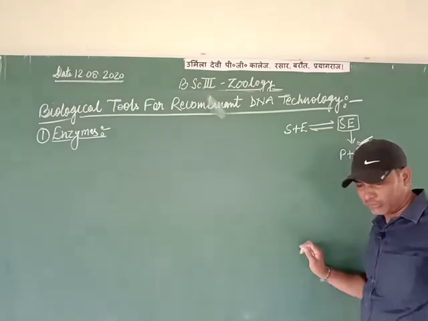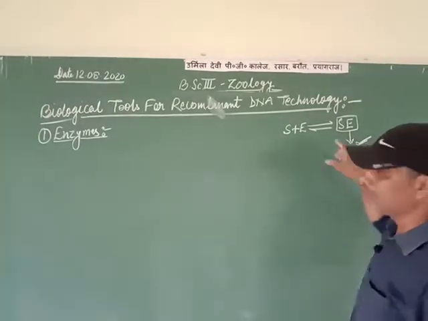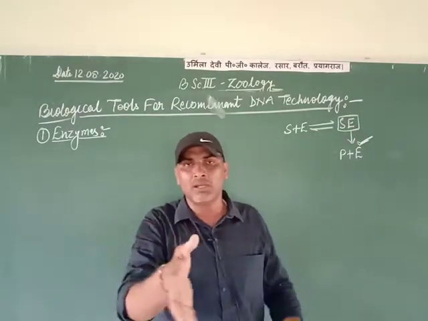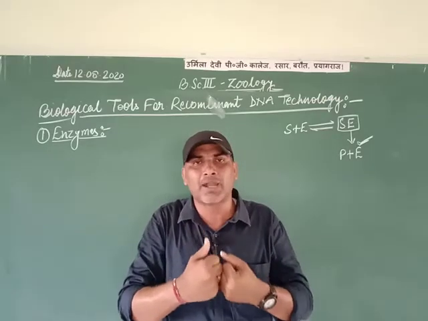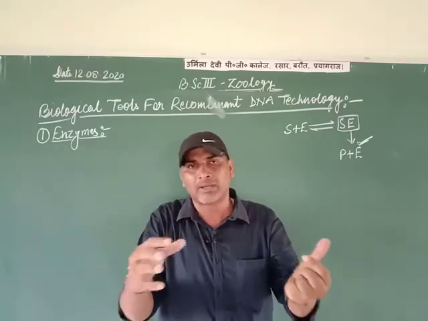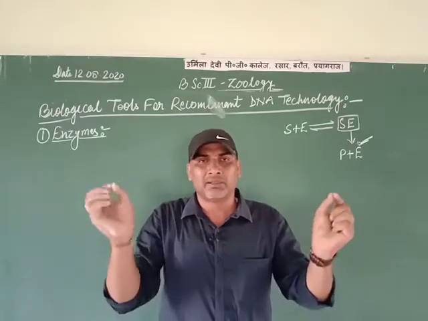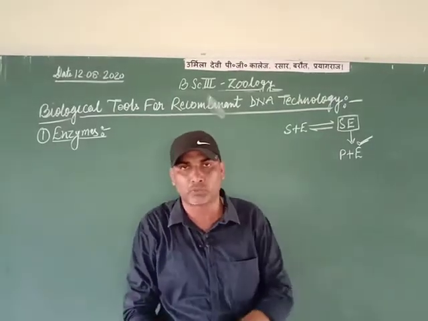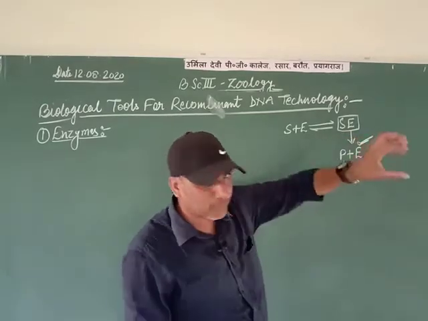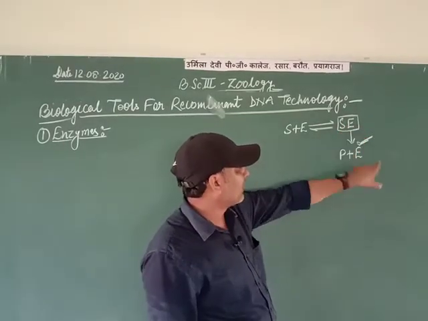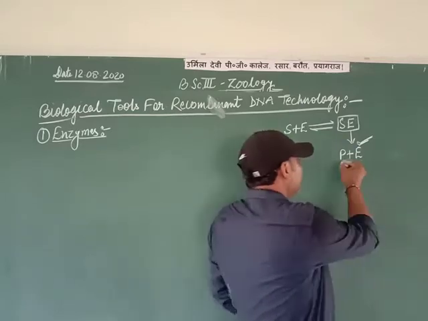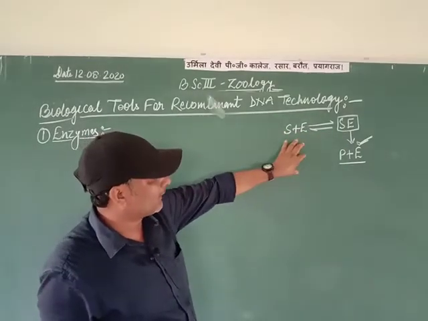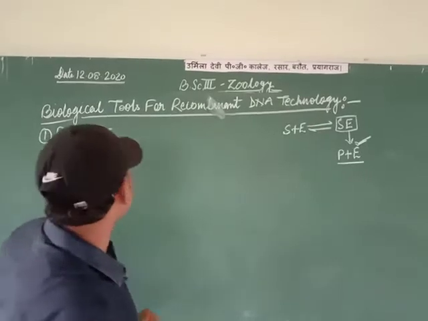As mentioned earlier, the enzyme never participates in the chemical reaction, it only stimulates it, giving direction to the substrate and reactant that are present, and due to the presence of the enzyme a new product is formed. First the temporary complex is formed, and then P plus E. This is the common path of the working of an enzyme.